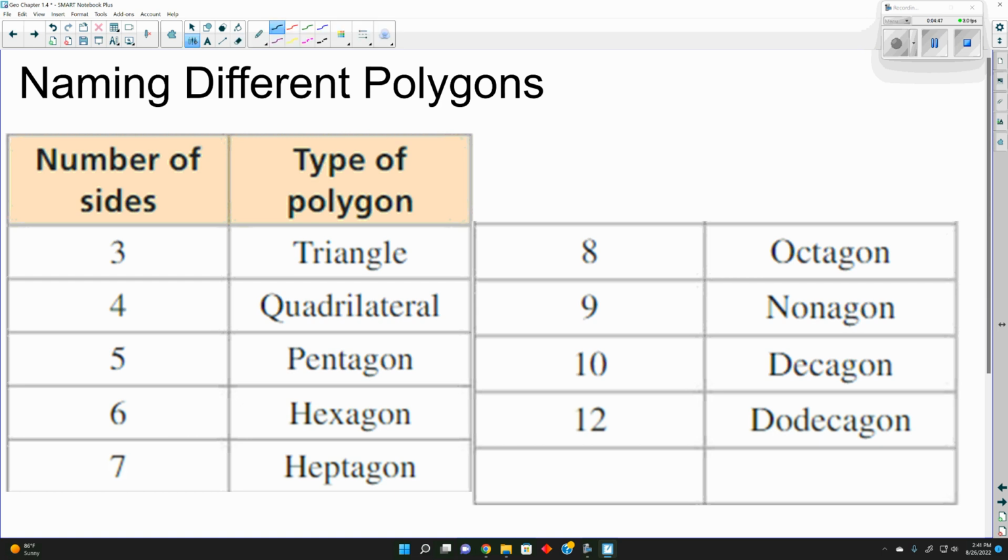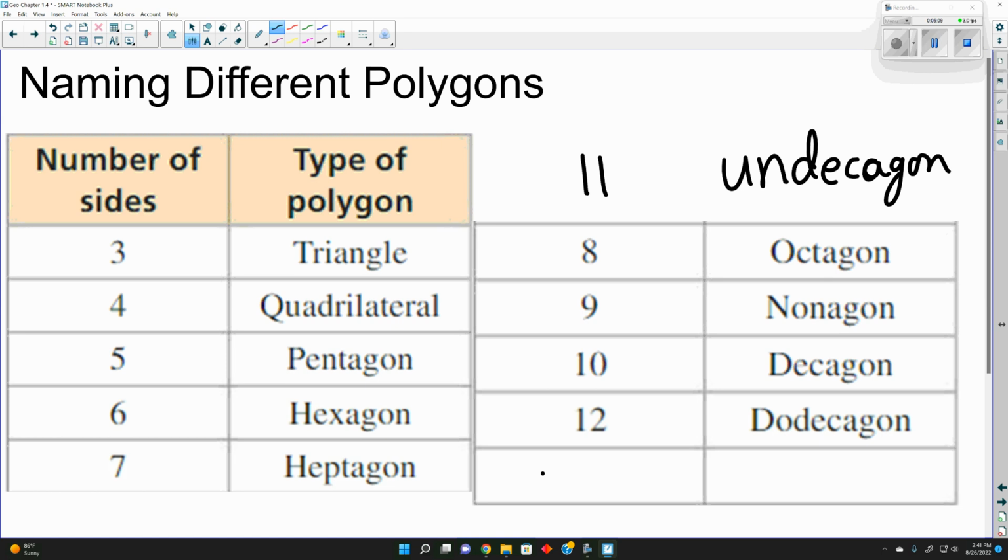I feel like I'm in Spanish class all over. They didn't put 11 on there, but I'll write in there it's undecagon. I think 13 is tridecagon, T-R-E, decagon.